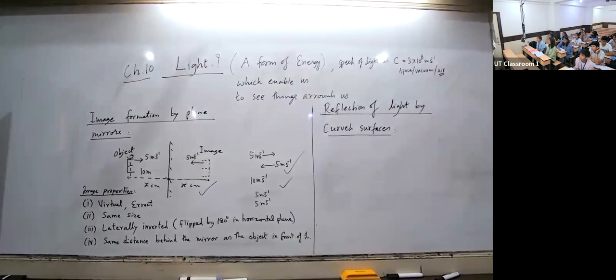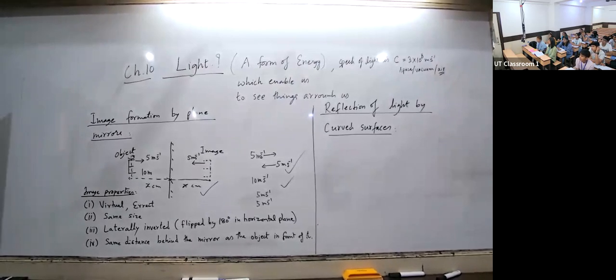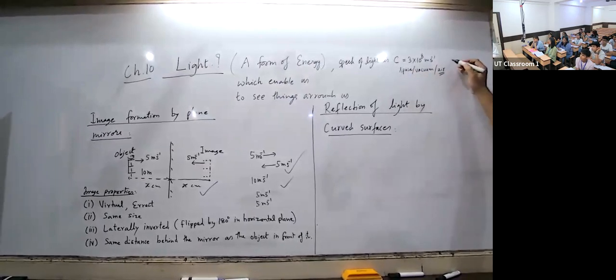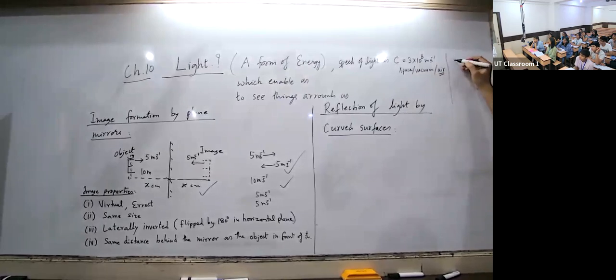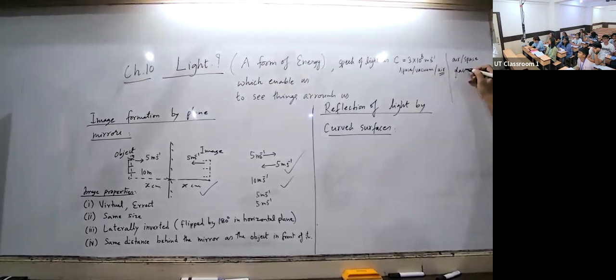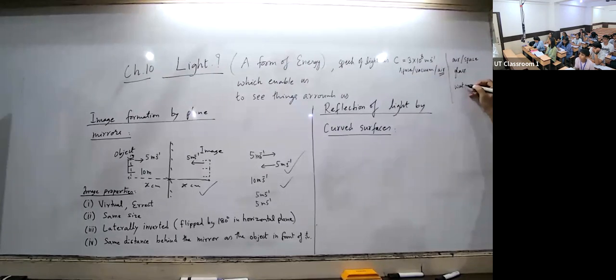So what are the other mediums in which light can travel? Water, glass. So there are different types of mediums: air or space is one, then you have glass, you have water.